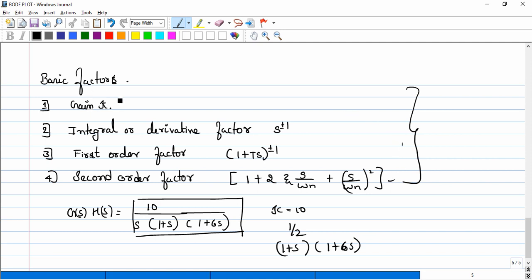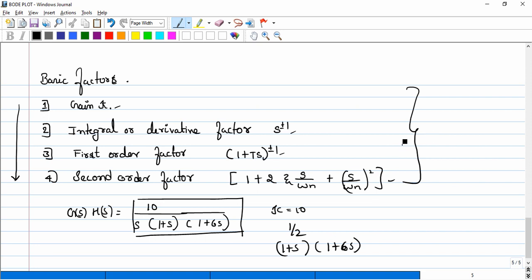It could be gain K, the integral factor, that is s to the power plus or minus 1, first order factor, or second order factor. While forming a table in the problem, the order should be in this form: first the constant or gain K, second the derivative factor, third the first order factor, and fourth the second order factor. This is how we consider the order.